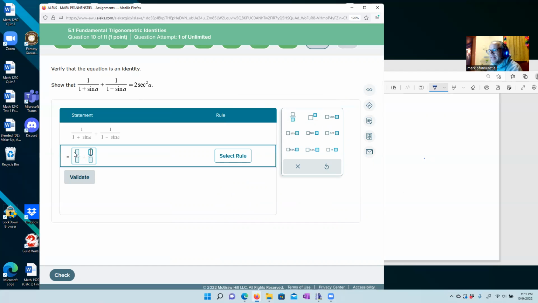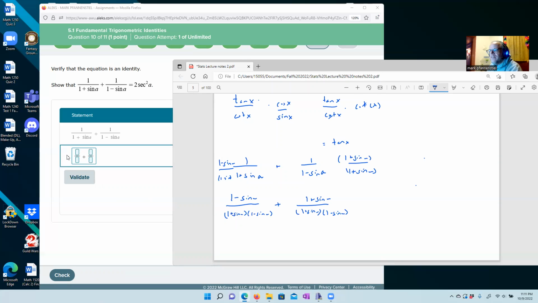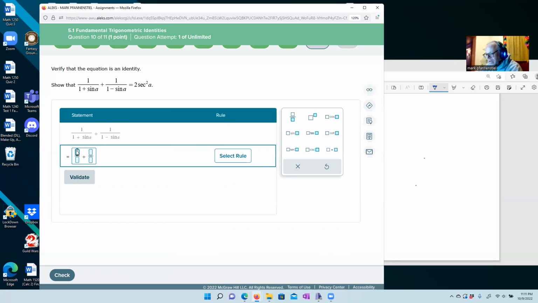Okay, now we're going to have, what do we have here? We have 1 minus sine A on the top here, 1 minus sine A. On the bottom, we have parentheses, 1 minus sine A. Say, why are you doing it this way? Like, they don't like it when you take too many steps at once.